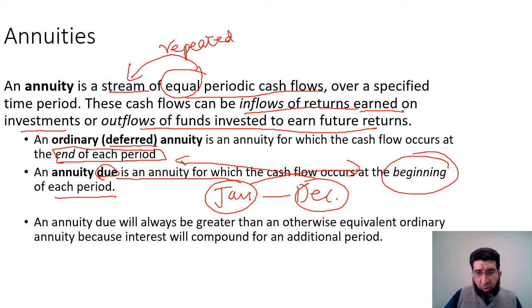An annuity due will always be greater than an otherwise equivalent ordinary annuity, because interest will compound for an additional period. We will see this in action later in this session.